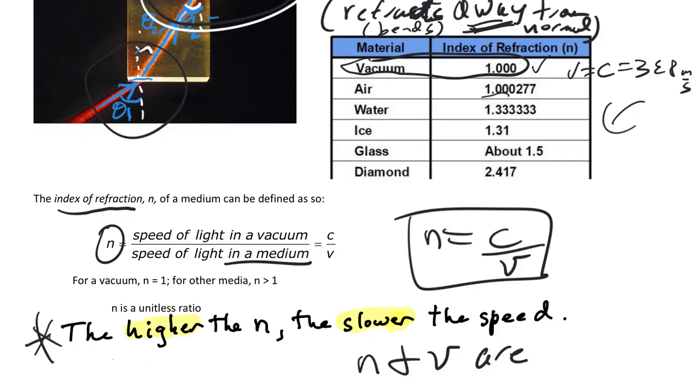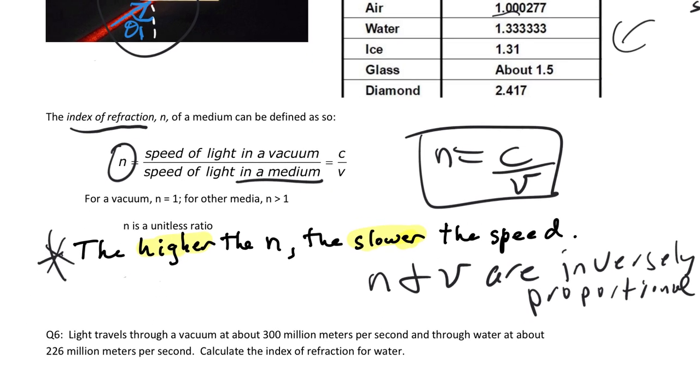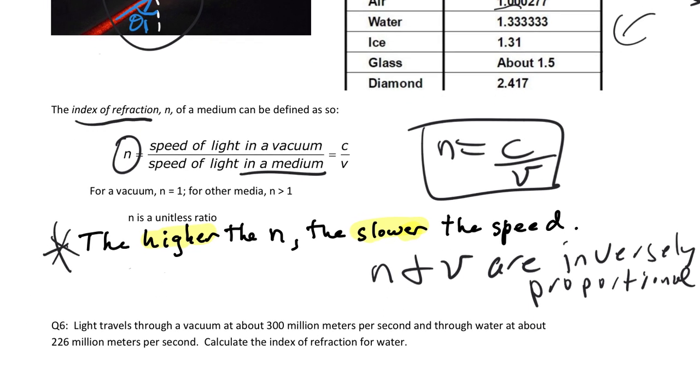Inversely proportional. If you decrease the v more, it makes the n go higher, right? Because v is in the denominator. So that's a very important concept.